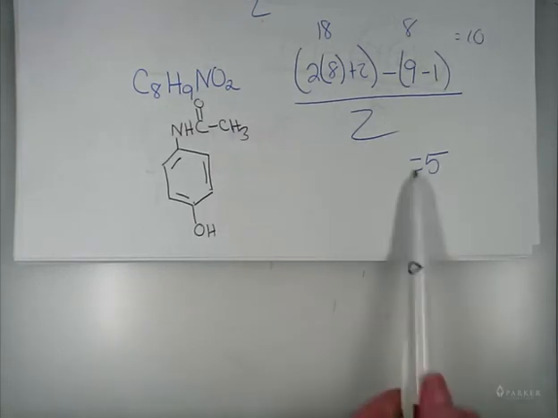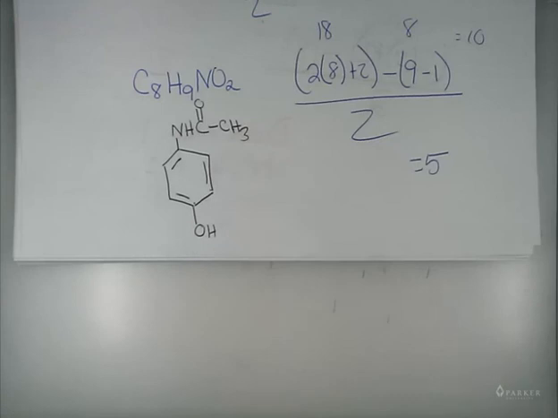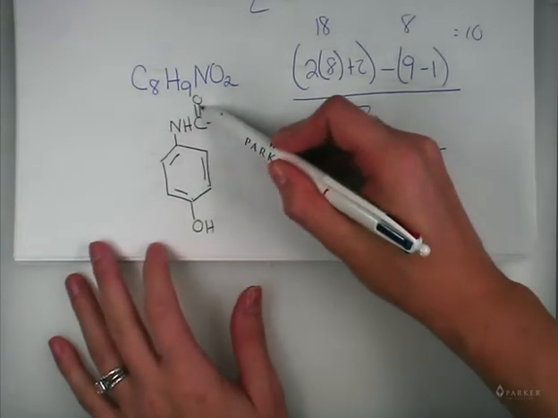Now, how many degrees of unsaturation do I have here? 5. So we should be able to count 5 on here. Okay, how many rings do I have? 1 ring. How many double bonds? 1, 2, 3, and then 4.